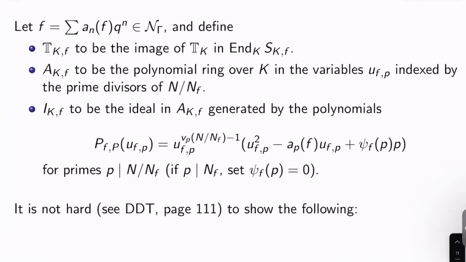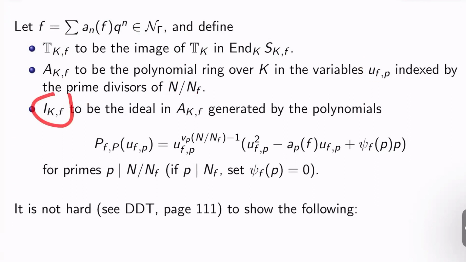Okay, well, let's give F a standard q-expansion with coefficients a_n of F, and we'll let F be in N_Gamma, and we'll make some definitions. We'll let T_KF be the image of T_K in the K-endomorphisms of S_K(F). We'll let A_KF be the polynomial ring over K in the variables we'll call U_Fp indexed by the prime divisors of N over N_F.